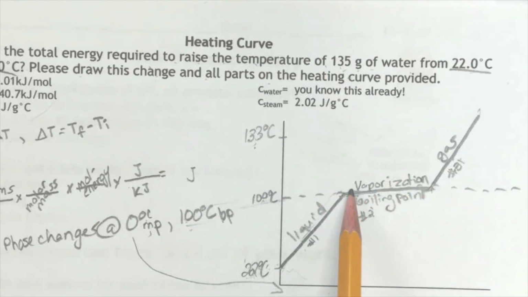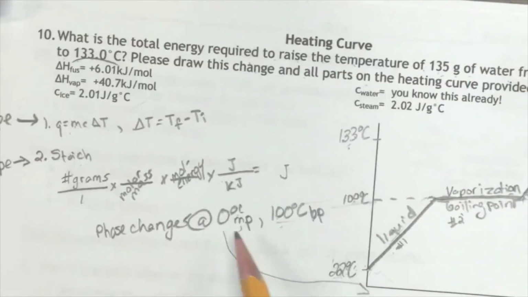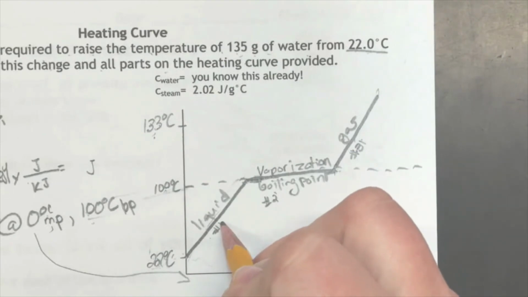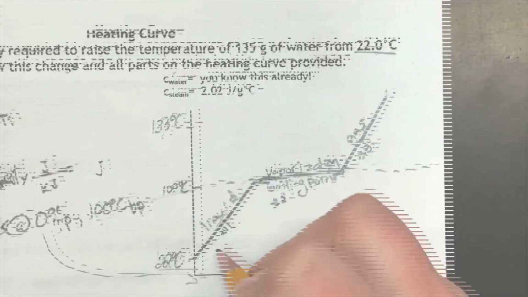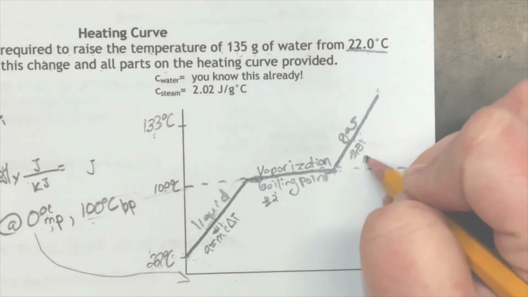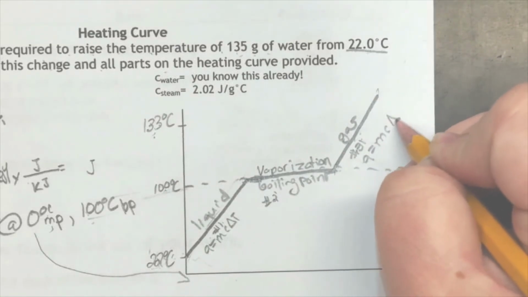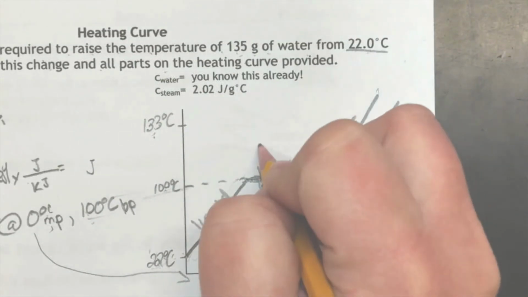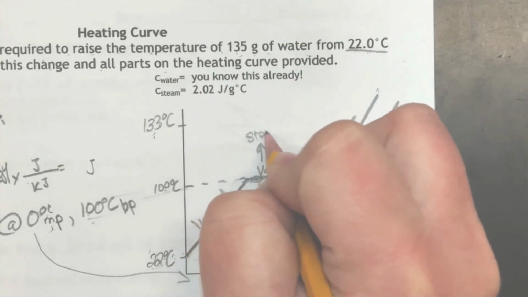Here, no change in temperature, since it's a flat line, so we'll have to use stoichiometry. So just to clarify, slope on number 1, a slope on number 3, we're using Q equals MC delta T, here and here. Here, because we have no slope, we're going to be using stoich.